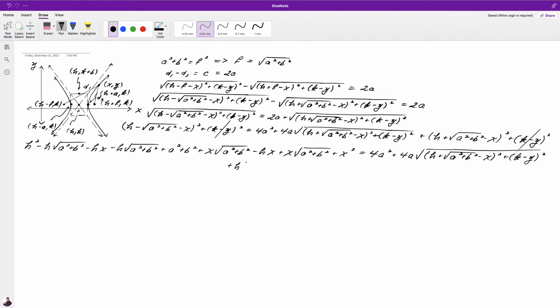It's going to give us h squared plus h square root a squared plus b squared minus hx plus h square root of a squared plus b squared plus a squared plus b squared minus x square root of a squared plus b squared. Okay, and then minus hx minus x square root of a squared plus b squared, and then plus x squared.